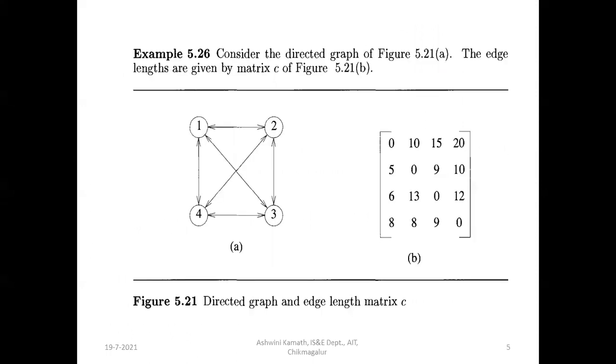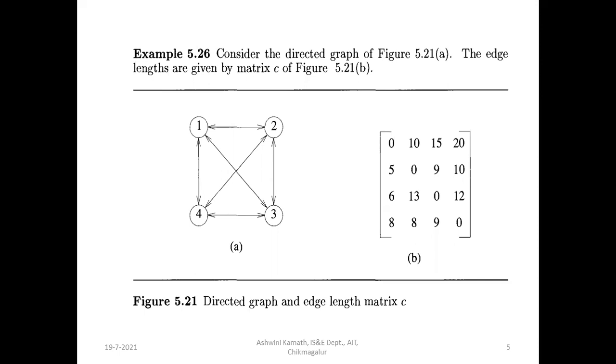Let us consider this graph. For this graph, you can notice that there is an edge between each pair of vertices: 1 to 2, 1 to 3, 1 to 4, 2 to 1, 2 to 3, 2 to 4, 3 to 1, 3 to 2, 3 to 4, 4 to 1, 4 to 2, 4 to 3.